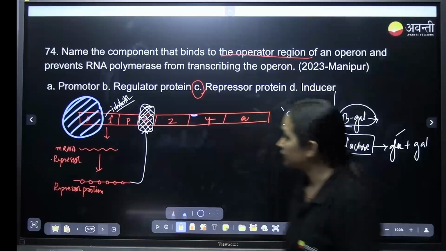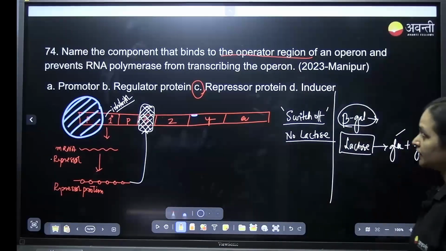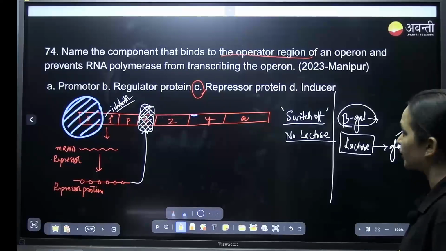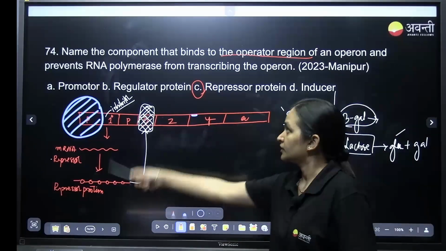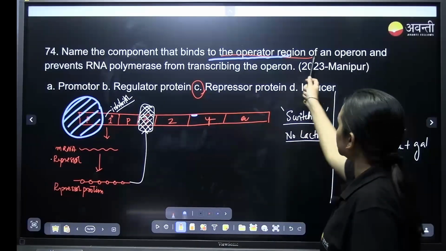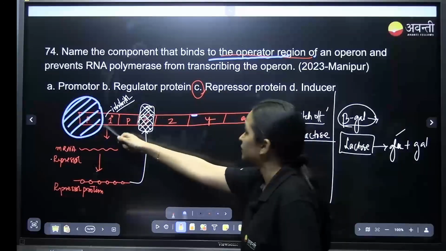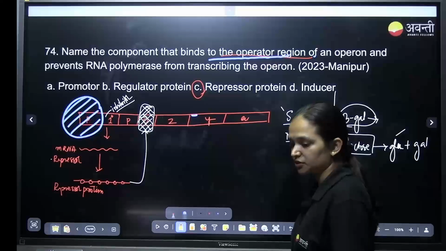So what is this? Again read. Name the component that binds to the operator region of an operon and prevents RNA polymerase from transcribing the operon. It is the repressor protein that binds to the operator region of an operon and prevents the RNA polymerase from transcribing the structural genes.